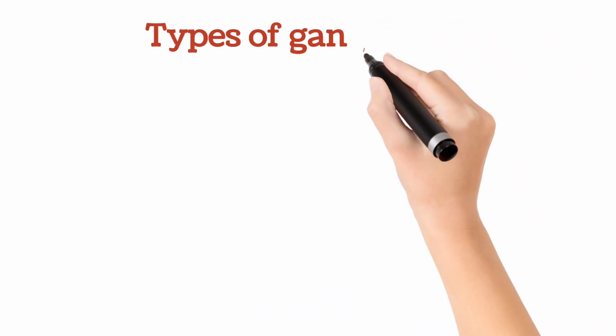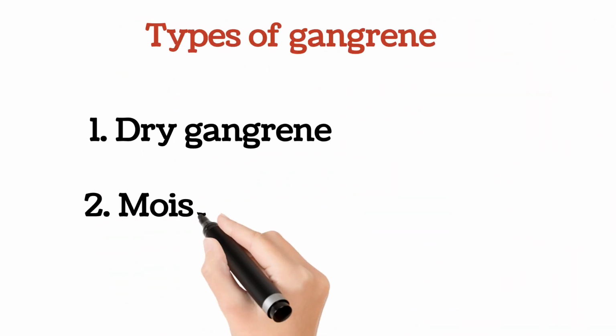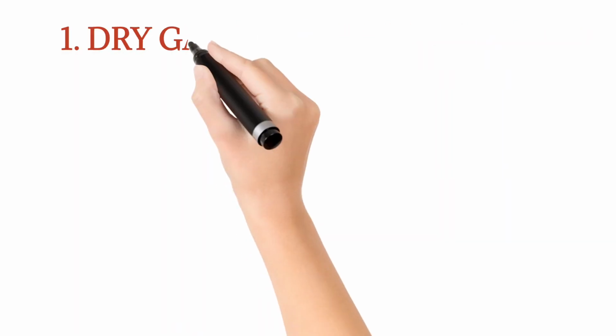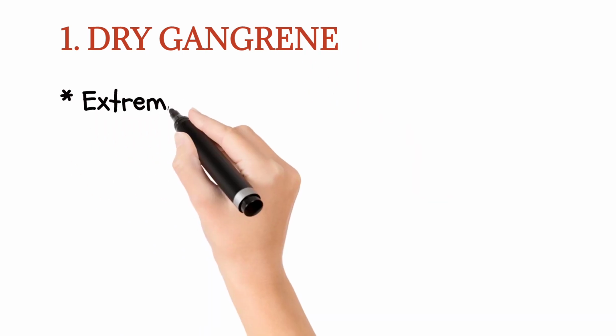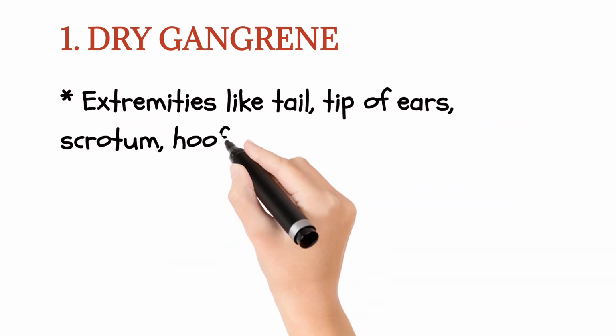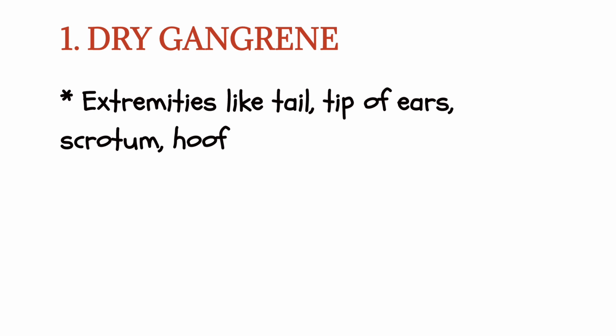There are three main types of gangrene: dry, moist, and gas gangrene. We'll take them one after the other. Dry gangrene mainly occurs at extremities like tail, tip of ears, tip of scrotum, hoof. There is evaporation of moisture which takes place, resulting in dry lesions.